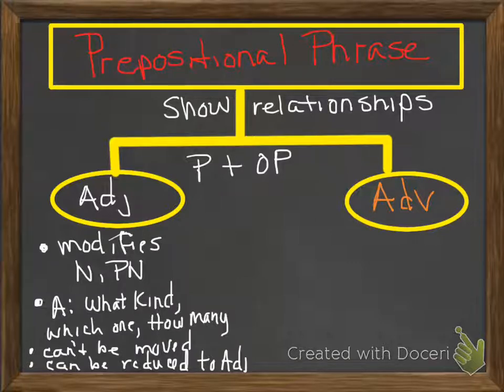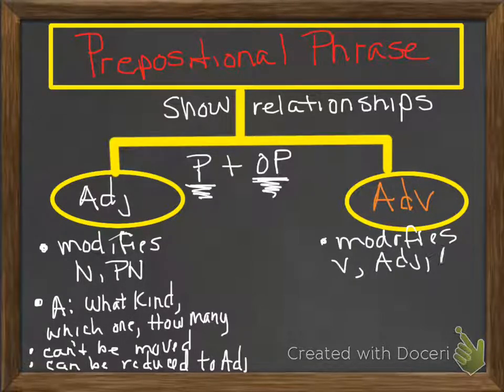The pattern of a prepositional phrase is that you always have to have a preposition starting it and an object of the preposition finishing it. Okay? No matter if you have the subcategory adjective phrase, which modifies a noun or pronoun, or you have the subcategory adverb phrase, the prepositional phrase that modifies a verb, adjective, or another adverb.